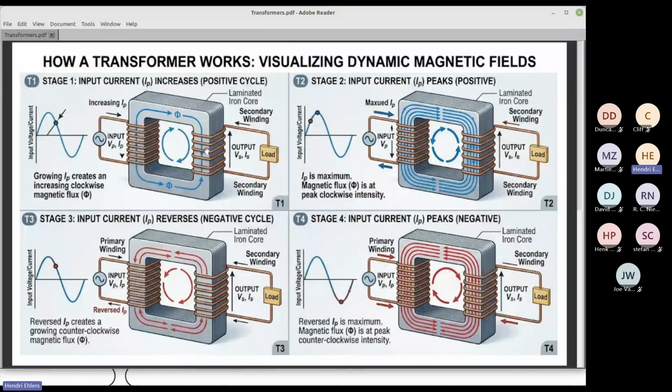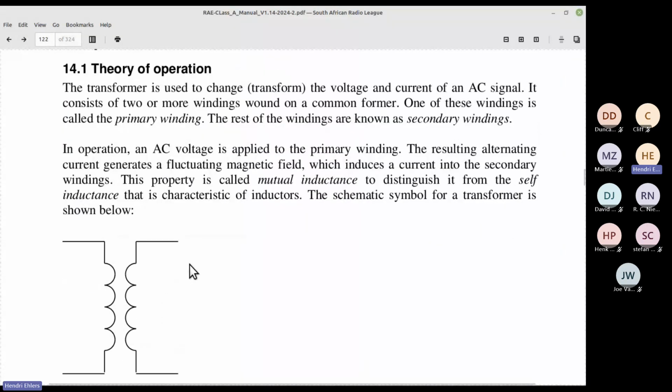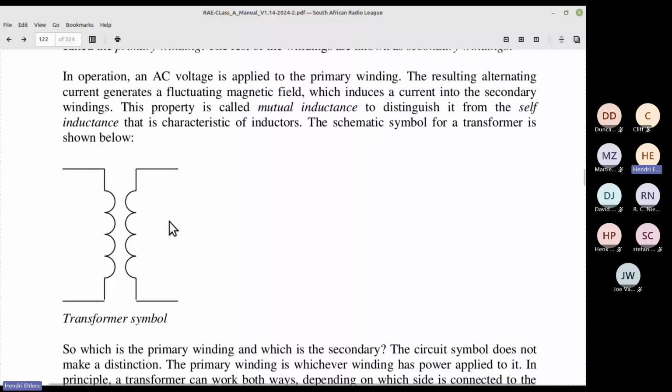a step down transformer. Now, this illustration is very complicated, but I only used it to just show you the two separate windings with a core in the middle. Now, the symbol they've got in the book is not 100% correct.